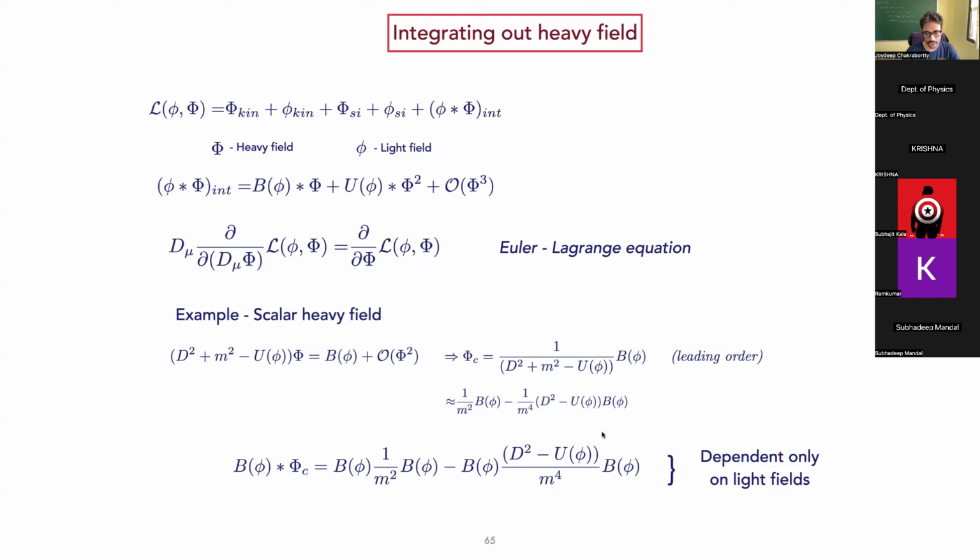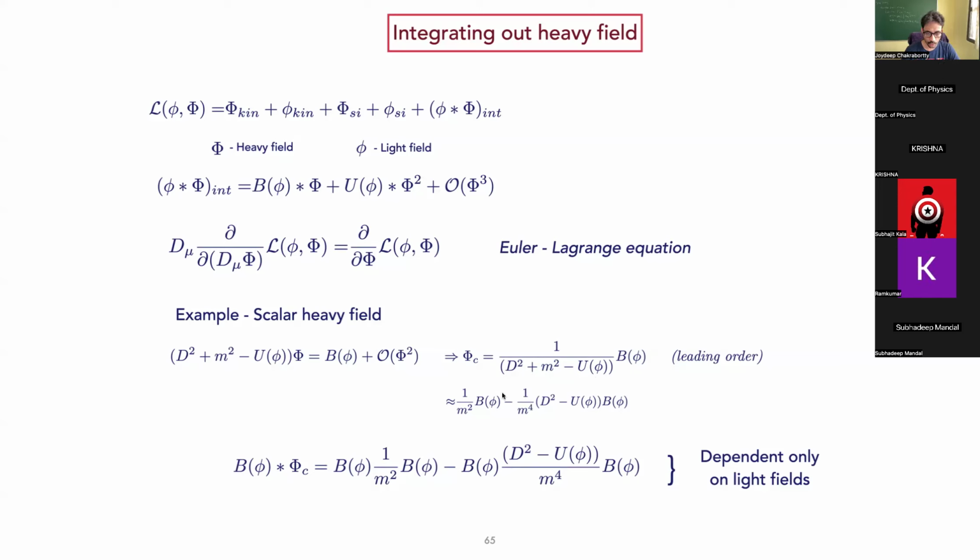Depending on which dimension operator you want to generate, you will truncate your phi_c, and then plug that phi_c into this Lagrangian, and from there you can compute the effective operators. Now, in this particular case, there are no quantum corrections or loops involved, right? This is just an expansion of the interacting propagator of the heavy field. Why interacting propagator? Because this involves the interaction. If you remove this term, this is the free propagator of the heavy field.